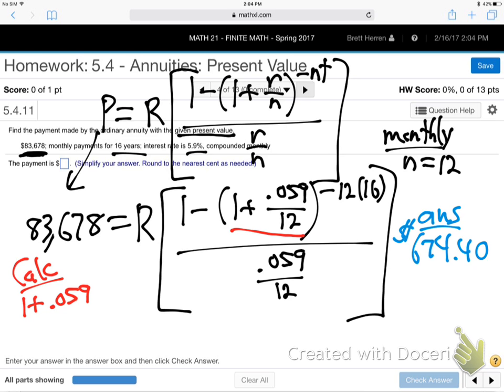So 1 plus 0.059 divided by 12 equals, because that's the end of the parentheses, right? To the power. Now what is 12 times 16? 192. Negative 192. To the minus 192. You got 42? I got 42.